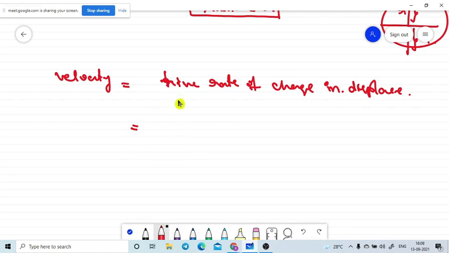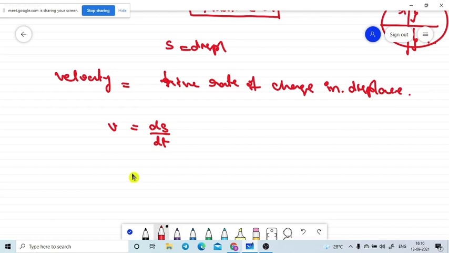This is the kinematic definition. If S is the displacement, we can write velocity as ds by dt. This is the formula for the velocity.